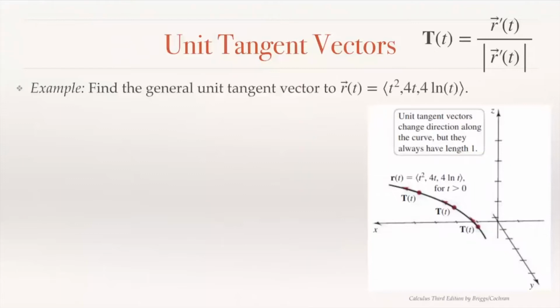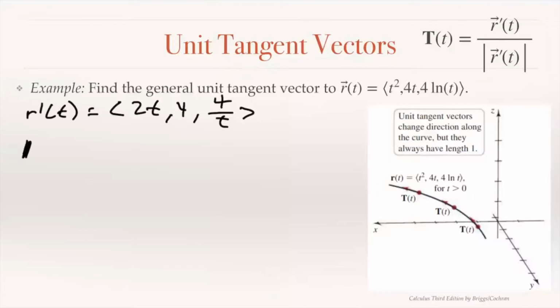And we're often interested in the general unit tangent vector to a particular curve. We'll do things like take the derivative of the unit tangent vector, and that will be a very meaningful concept. So the general unit tangent vector, we already know that r prime of t is 2t, 4, 4 over t.